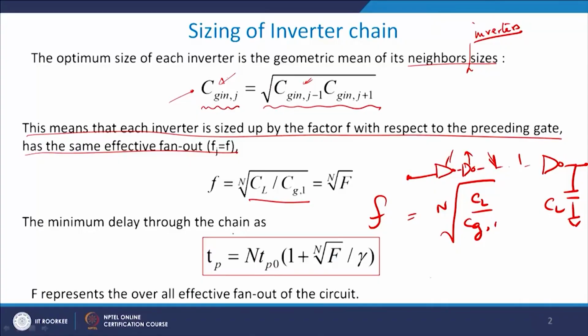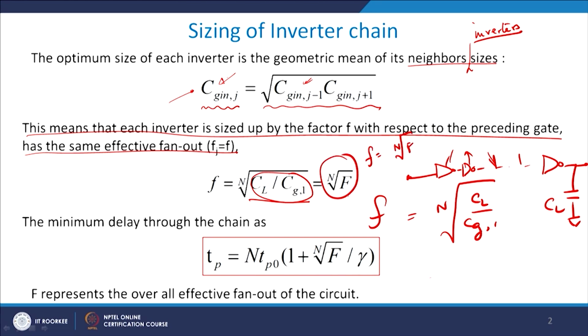If your last inverter terminates into a load capacitance CL and the first inverter has input capacitance CG1, then the nth root of CL by CG1 will be your sizing factor f. If the ratio is termed capital F, also referred to as the electrical fan out, then small f is the nth root of capital F.